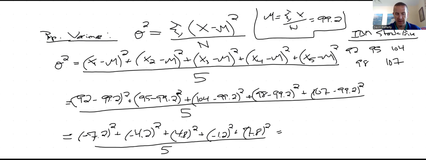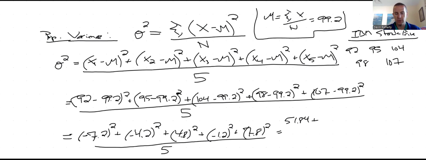So we have, if my phone wakes up, there we go. Negative 7.2 squared is 51.84, plus, I'm just trying to use my calculator.